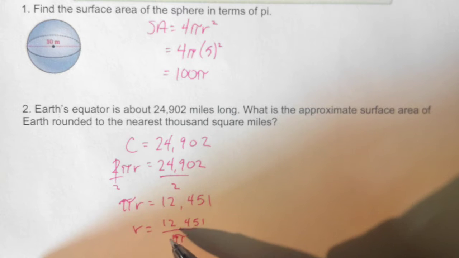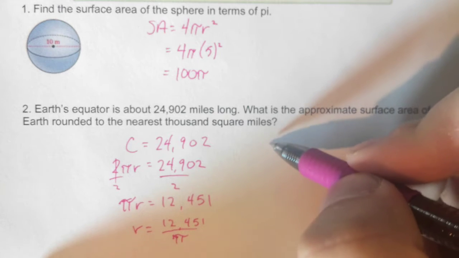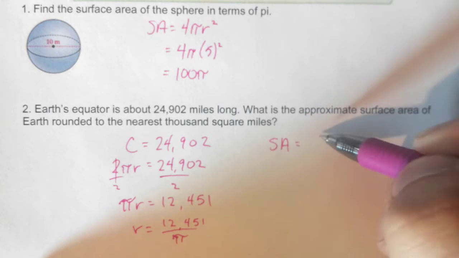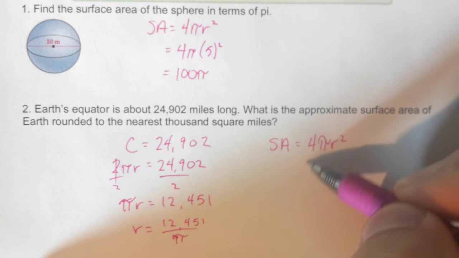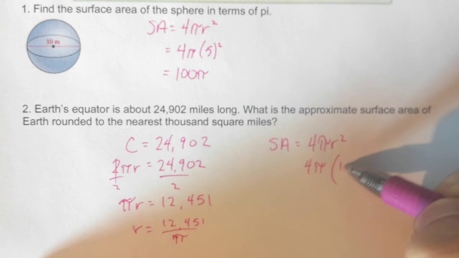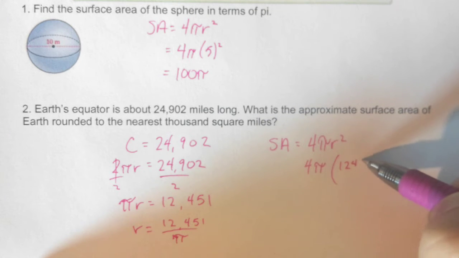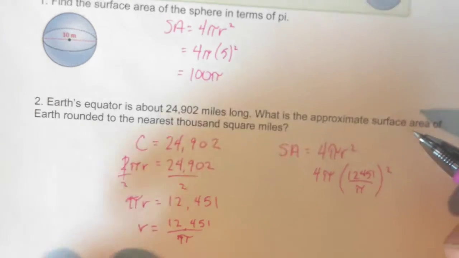That's the radius of the Earth in terms of pi. We'll plug that into our formula, surface area, 4 pi r squared. So we would have 4 times pi times the radius squared, which is going to be 12,451 over pi, quantity squared.